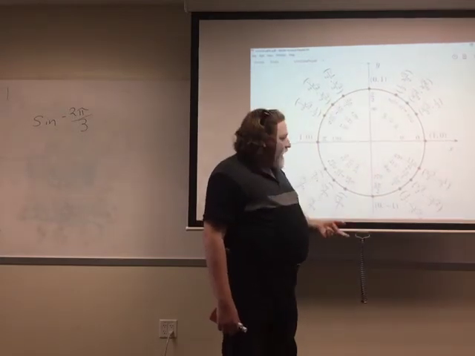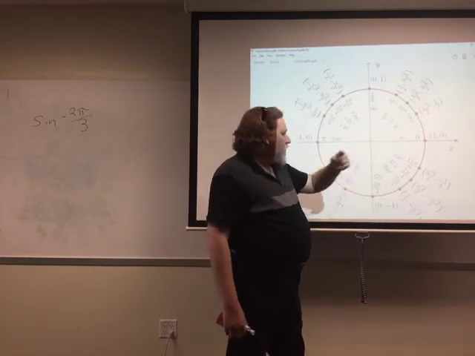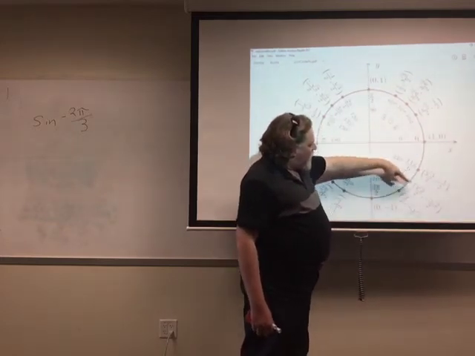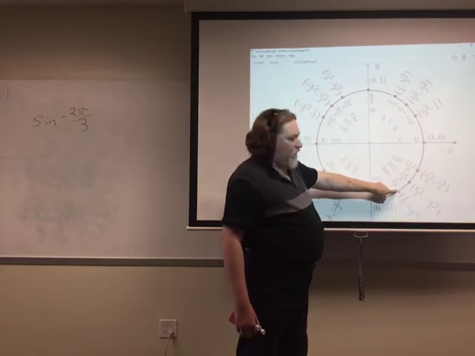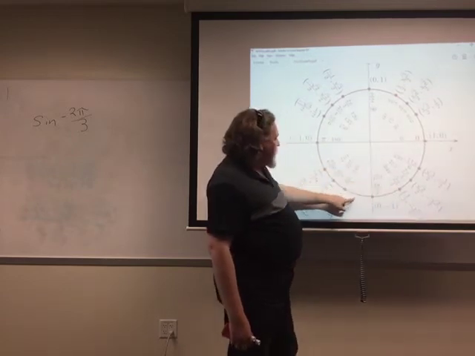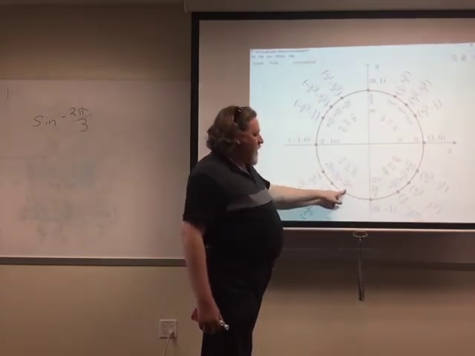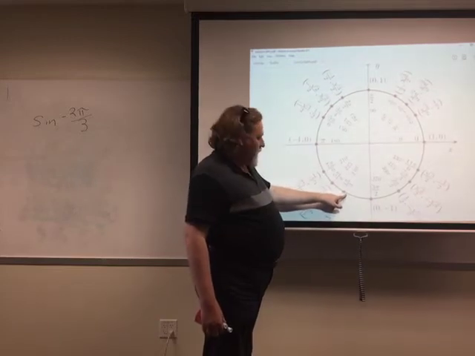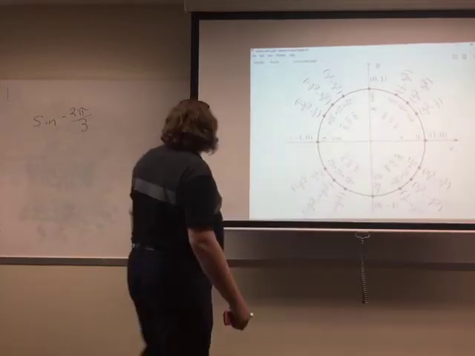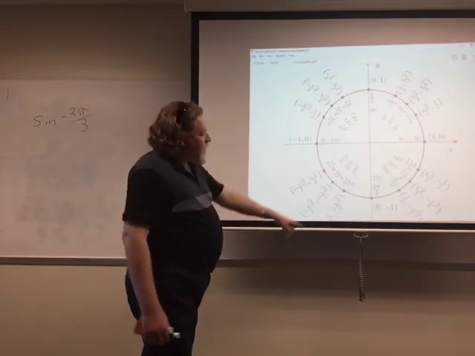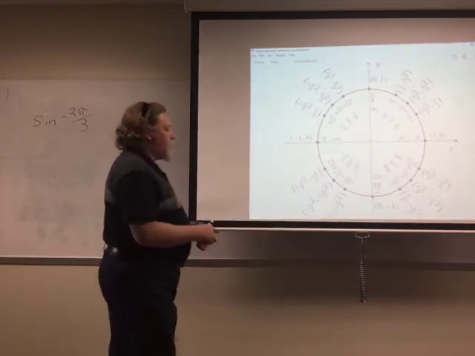But now I need the negative, so I got to go the other way around. I got to go clockwise. So pi over 3 would put me here where 5 pi over 3 is. And then -2 pi over 3 puts me there where 4 pi over 3 is. So the sine of -2 pi over 3 is the same as the sine of 4 pi over 3.